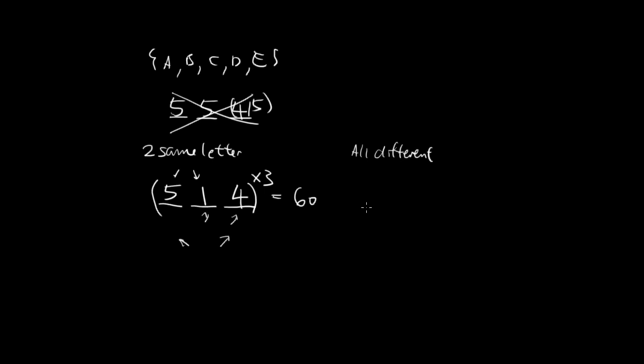To have all different letters, that's easy. That's going to be 5, 4, and 3, because whatever you use here can be used here, and whatever you can't use for these 2 can be used here. So that's also 60. And these 2 scenarios are either-or, so we're going to add them for a total of 120. That's your answer.